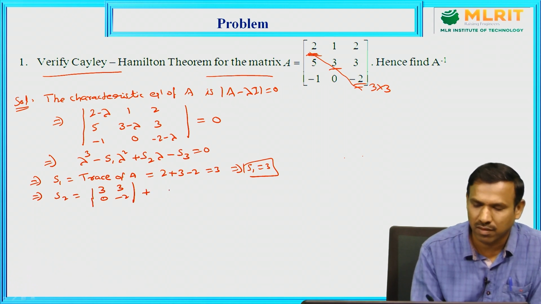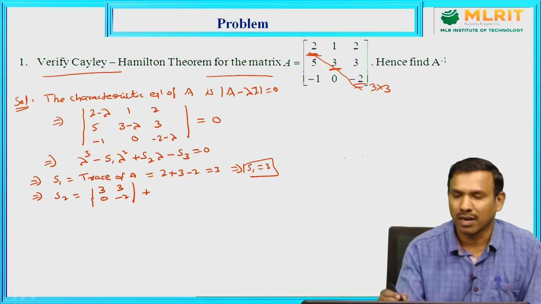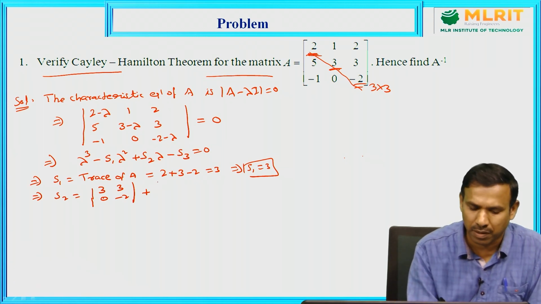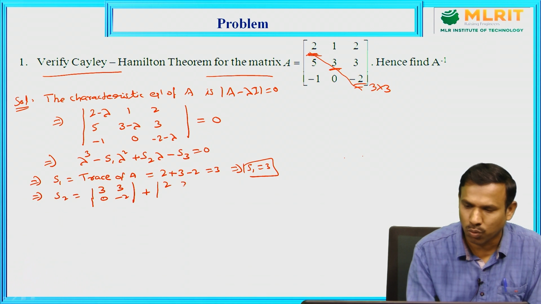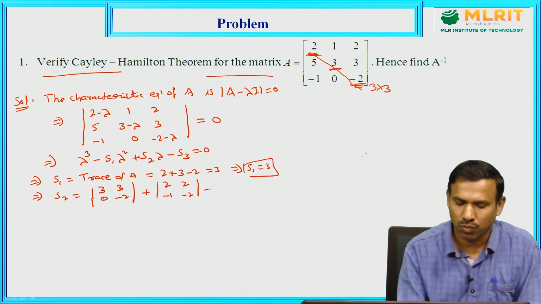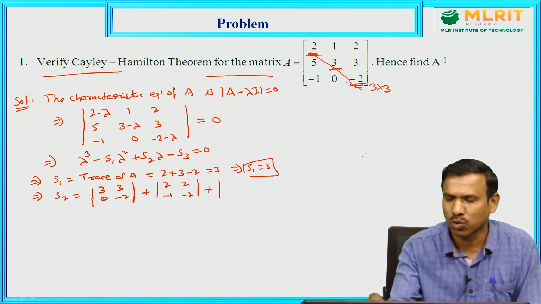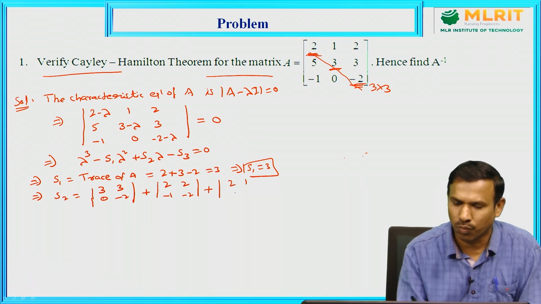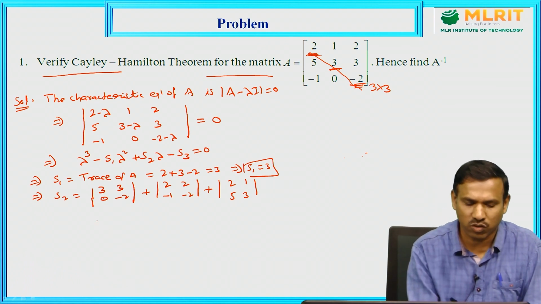Next, plus for the second diagonal element 3, leave the middle row and middle column, and the remaining corner elements are 2, 2, minus 1, minus 2. Next, for the last element minus 2, leave the last row and last column, and the remaining 4 elements are 2, 1, 5, 3. That will give S2.